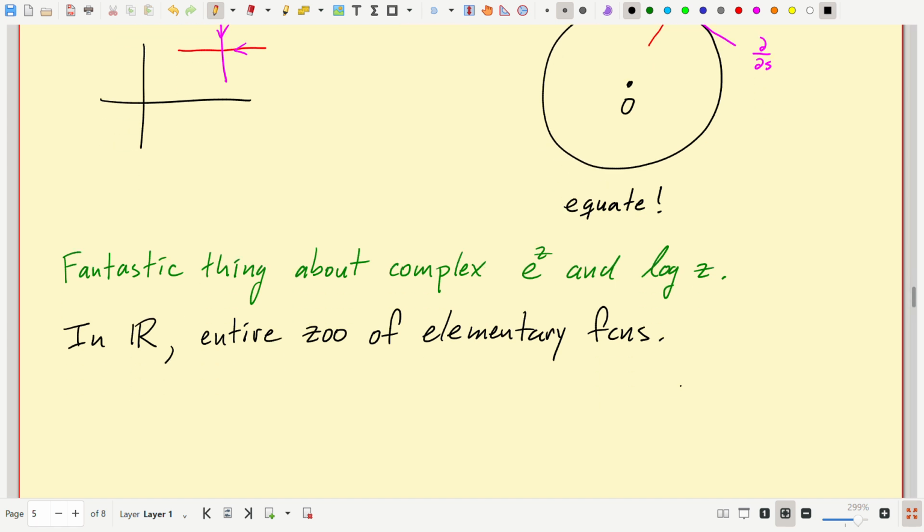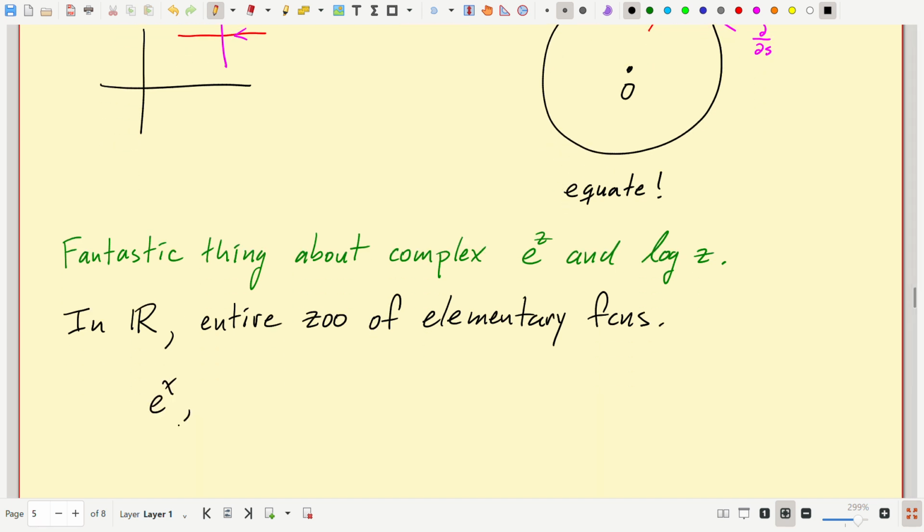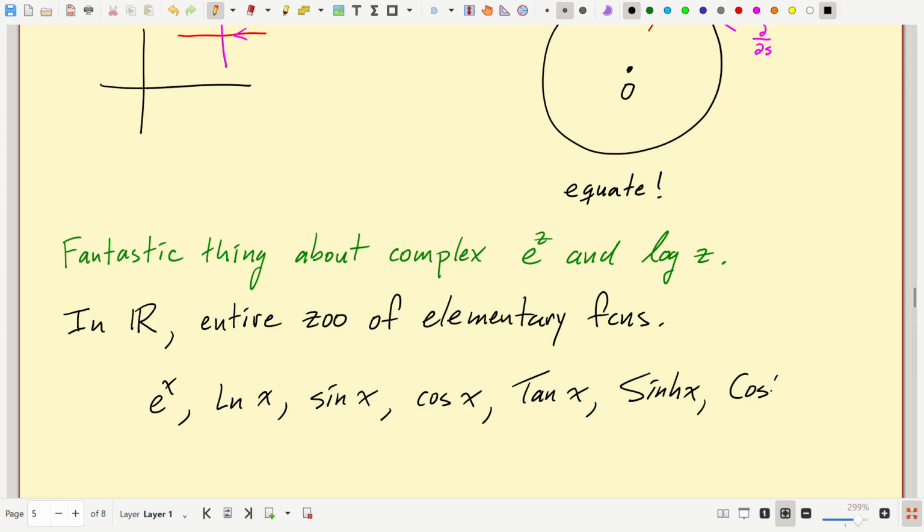Okay, let me list a few. You'd have e to the x, the natural log of x, sine of x, cosine of x, tangent of x, hyperbolic sine of x, hyperbolic cosine of x, etc., inverse hyperbolic cosine of x, inverse sine of x, square root of x, nth root of x, and basic algebraic functions.